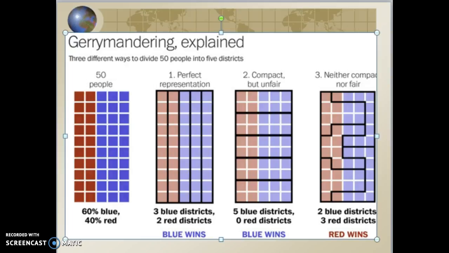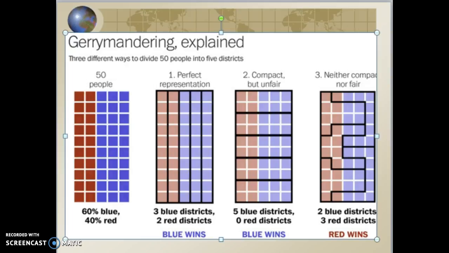So for example, number 1 says perfect representation. You have 3 blue districts and 2 red districts, so if you add it up, blue would win if they are swayed towards one political party or one candidate. Number 2 on the list says compact but unfair.